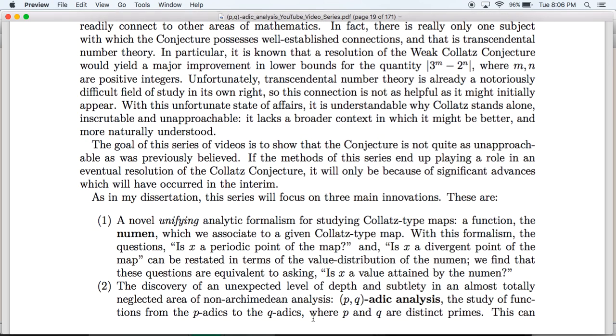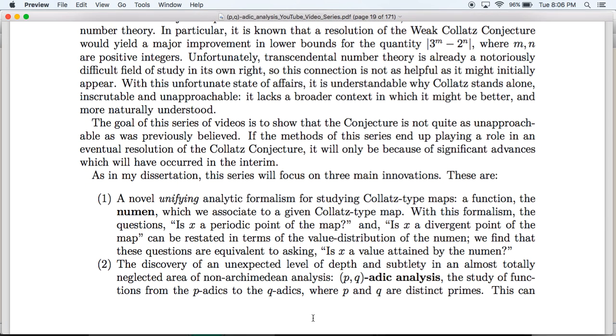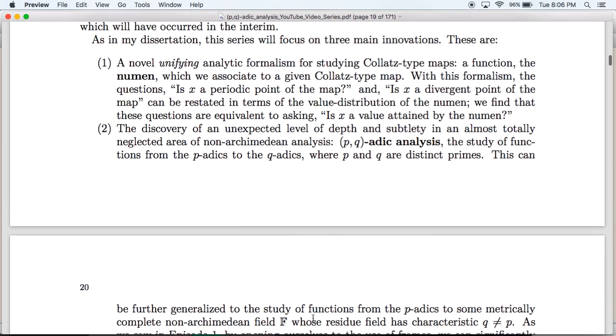The second innovation of my work is my discovery of an unexpected level of depth and subtlety in an almost totally neglected area of non-Archimedean analysis. This is PQ-adic analysis, the study of functions from the p-adics to the q-adics, where p and q are distinct primes.